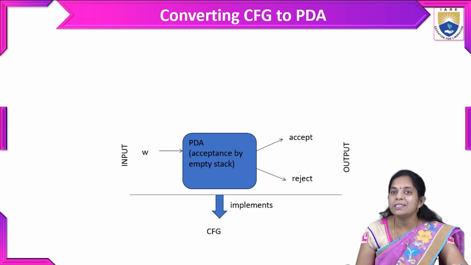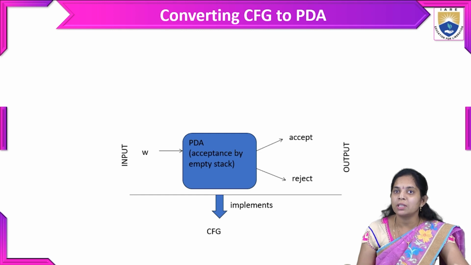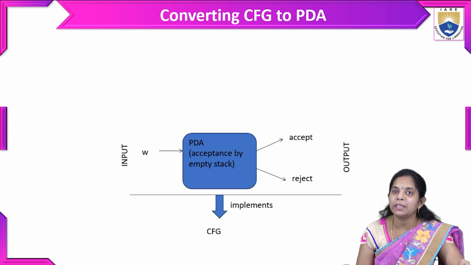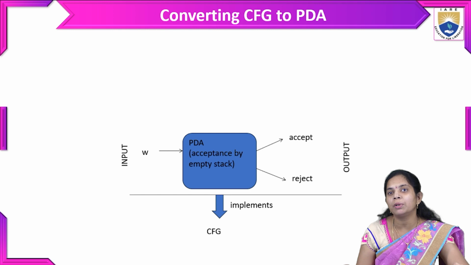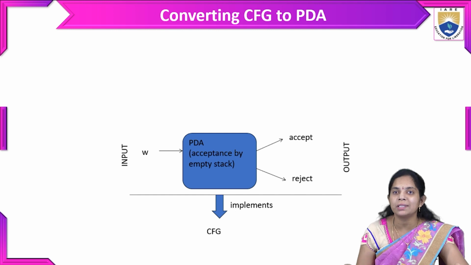And whenever it is reaching the final state, that is, the initial top of the stack symbol, which is Z0, if it is reaching the Z0, it is a final state acceptability. So according to that pushdown automata construction acceptability, either empty stack acceptability or final state acceptability, based on that we have to construct or simulate the string on the PDA.